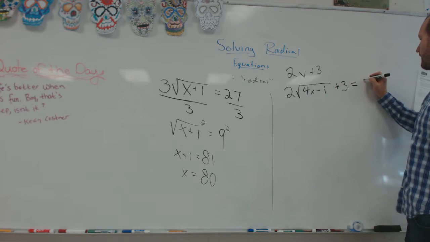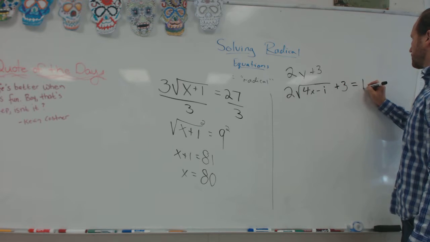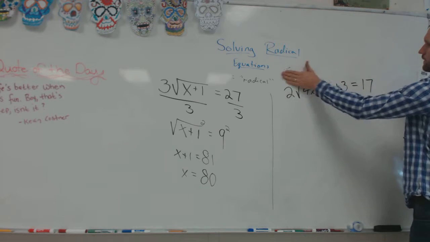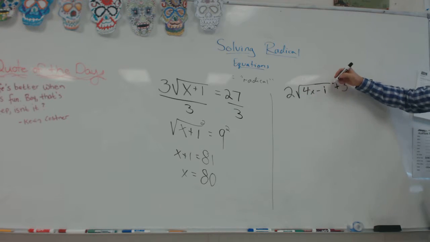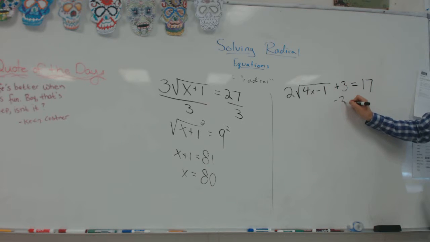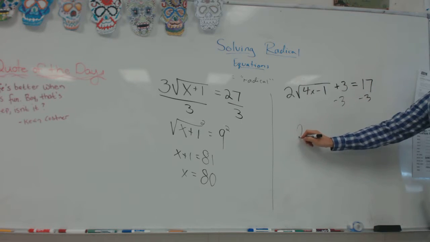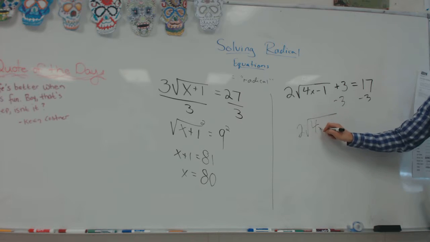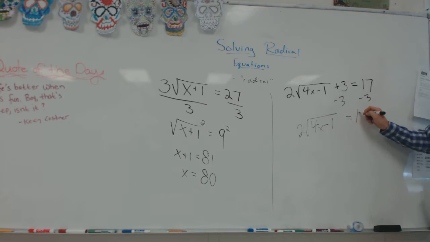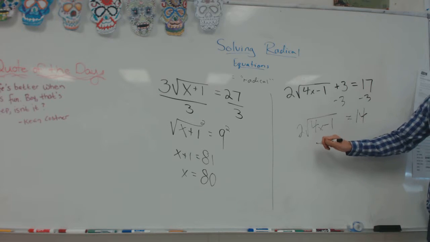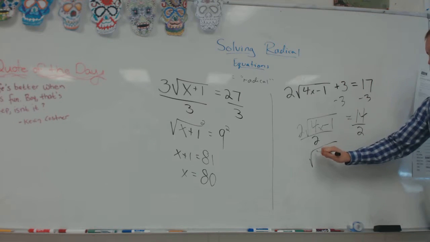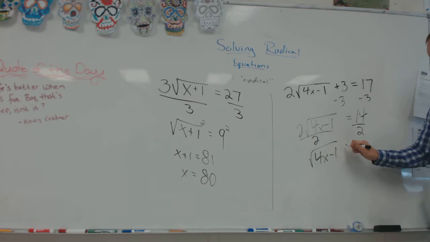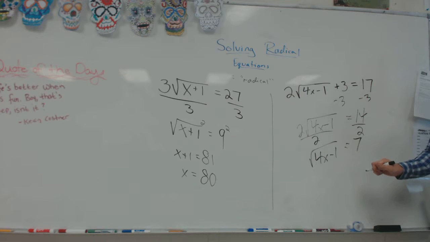Okay. And let's make this equal to 17. So I'm going to do what I just said. I want to isolate my entire square root here. So I'm going to subtract 3 from both sides. And I have 2 square roots of 4x minus 1 equal to 14. Then I'm going to divide by 2. So now I have the square root of 4x minus 1 equals 7.